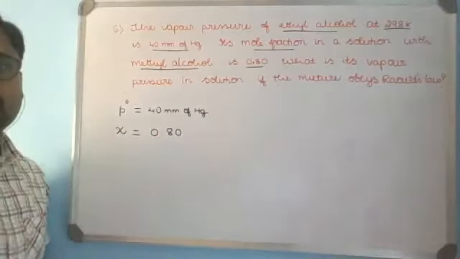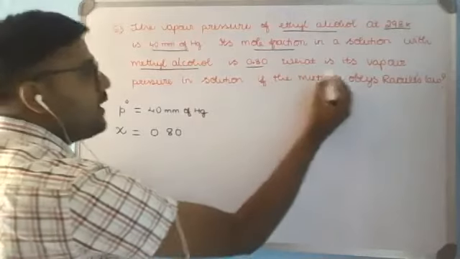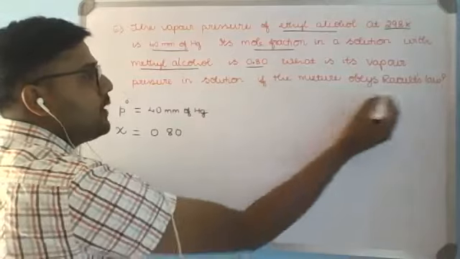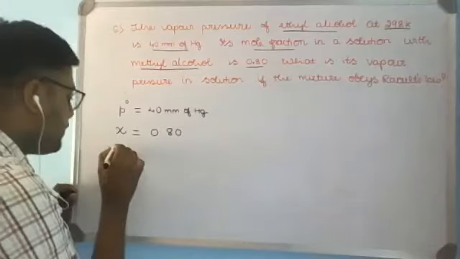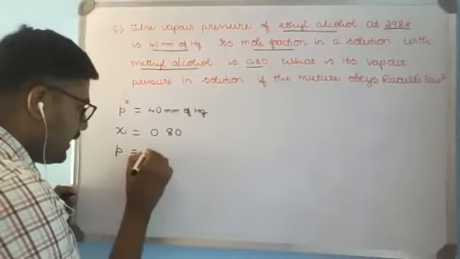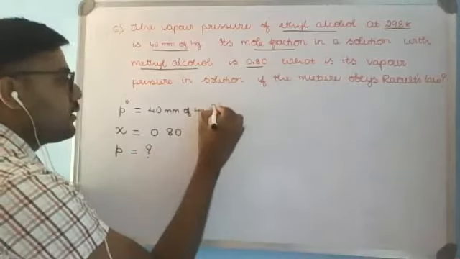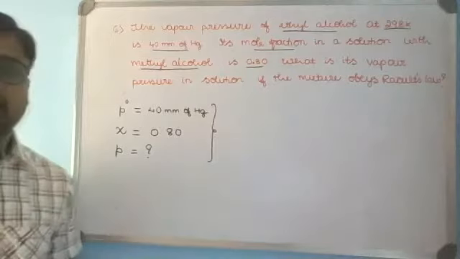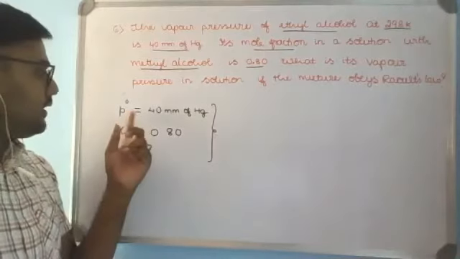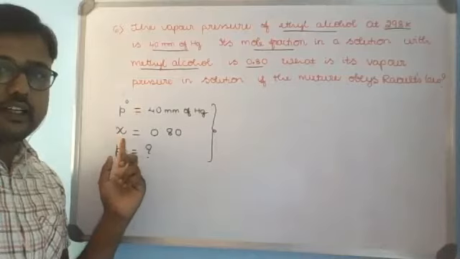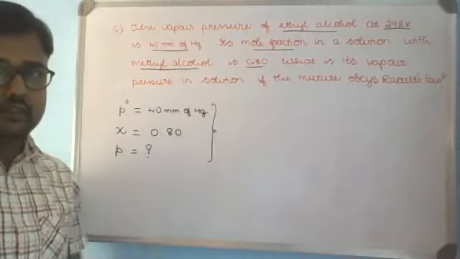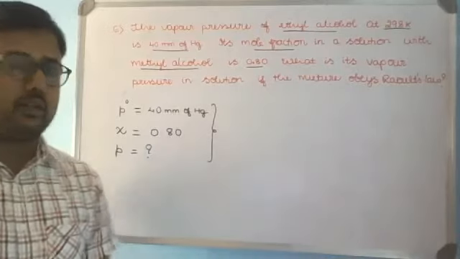Now with this information, they are asking what is the vapor pressure in solution if the mixture obeys Raoult's law. They are asking the vapor pressure of ethyl alcohol in the solution. From the given information, P naught is there, mole fraction is there, and P, that is the vapor pressure of ethyl alcohol in solution, we need to find out.